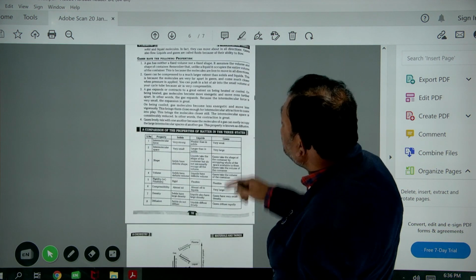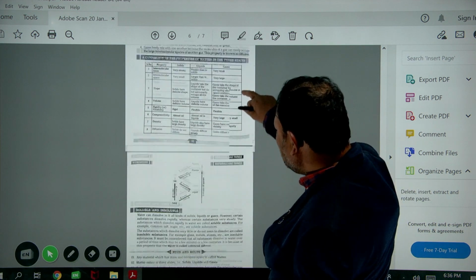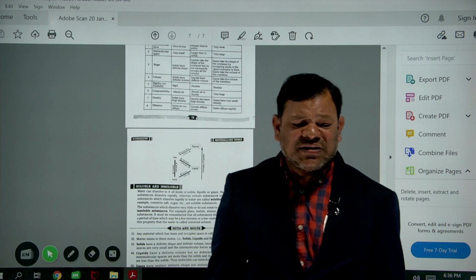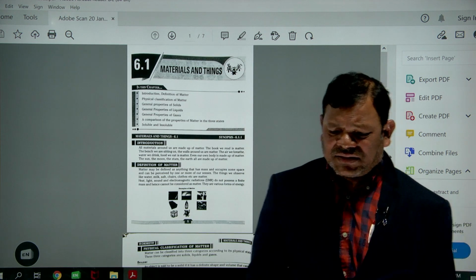This is the total lesson about materials and things.